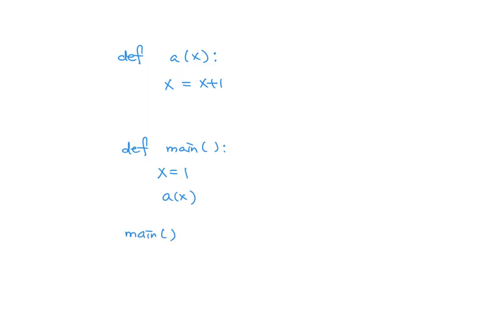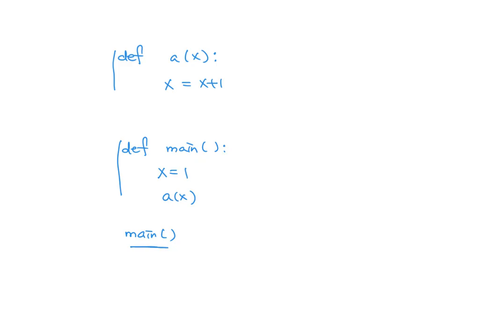So when I run this code, the Python interpreter will just check the grammar, the syntax of this function definition, and the definition of this main function, and if everything is fine, it will skip, and then it will execute this main function.